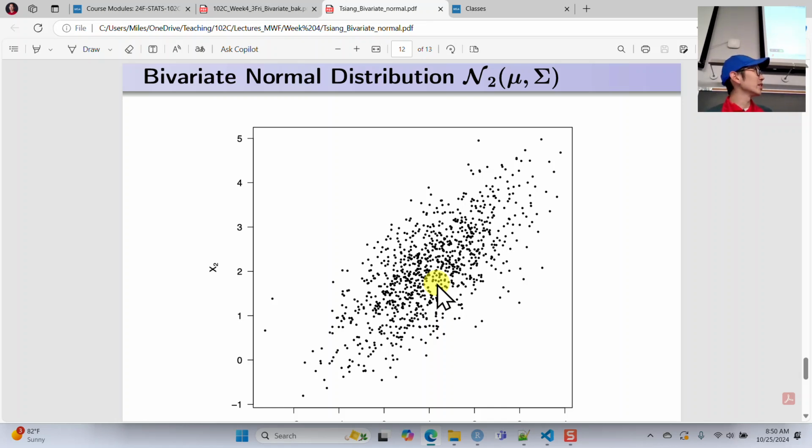Okay, and that can be useful in terms of generating certain things, like if you look at height and arm span. There's high covariance between them, right? Generally, taller people have longer arm spans, but certain people will have relatively short arms, and certain people have relatively long arms, right?